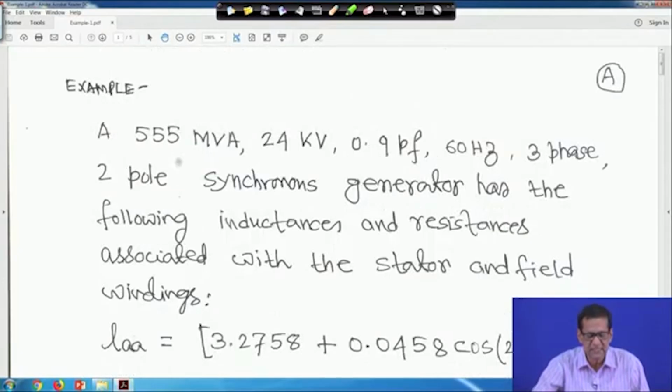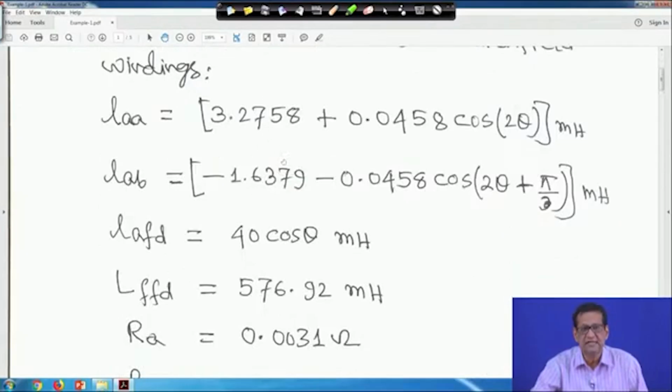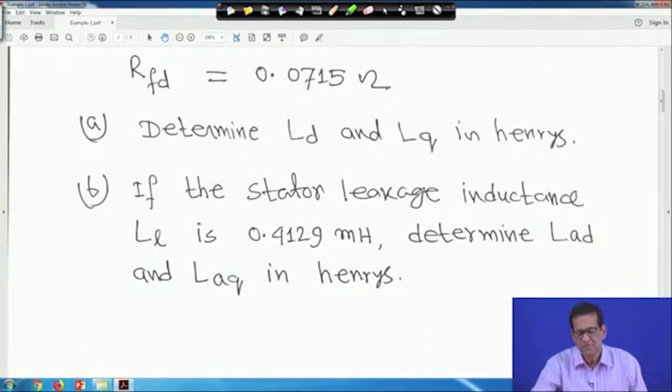So the generator is 555 MVA, 24 kV, 0.9 power factor, 60 Hz, 3 phase, 2 pole synchronous generator, and all these parameters are given. In this case you have to determine LD and LQ, and if LL is given, you have to determine LAD and LAQ in henries.